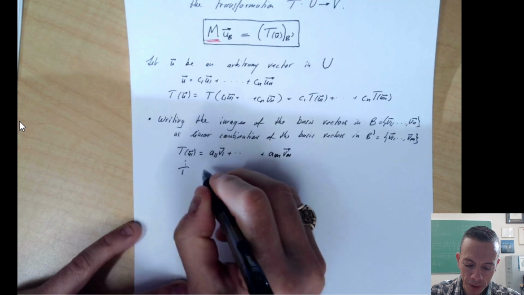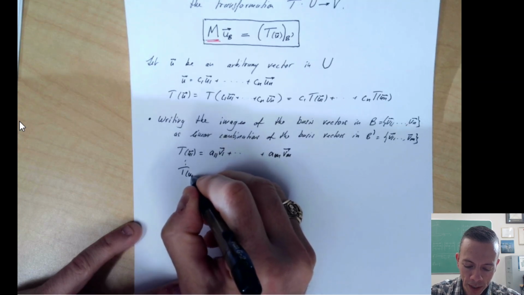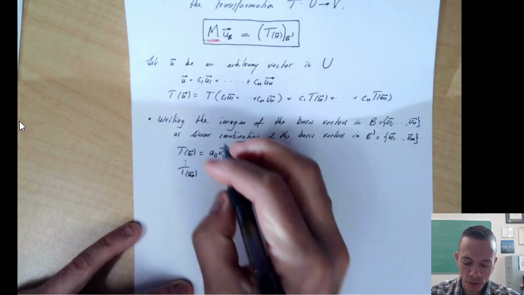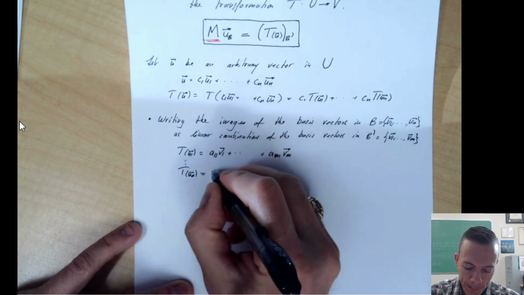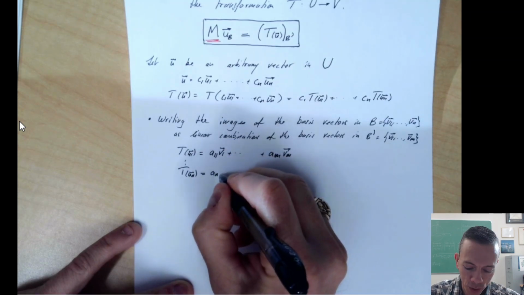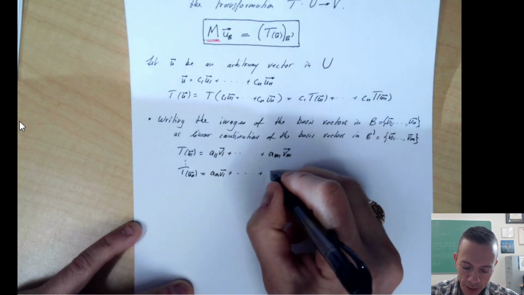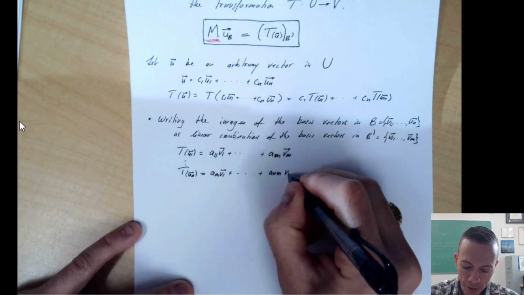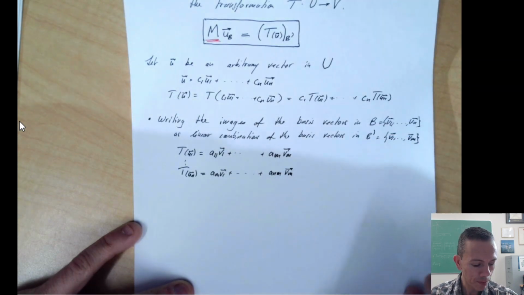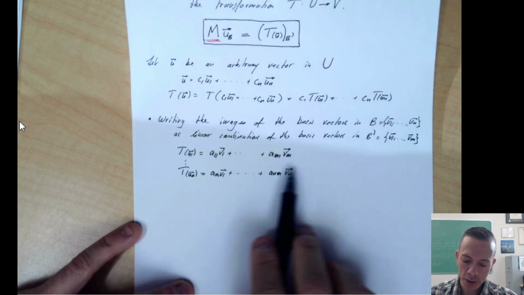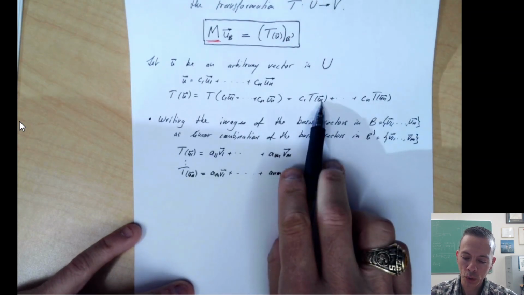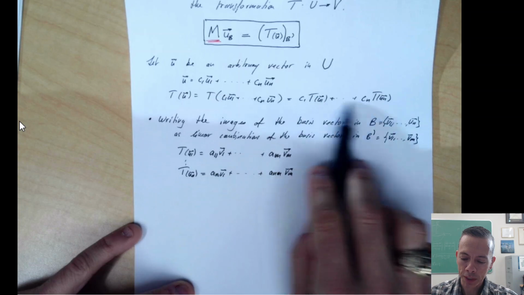Same thing with all the other vectors, all the way down to T of un, which can be broken down into an1 v1 plus all the way to anm vm. And now we can substitute all of these expressions back into this expression up here.